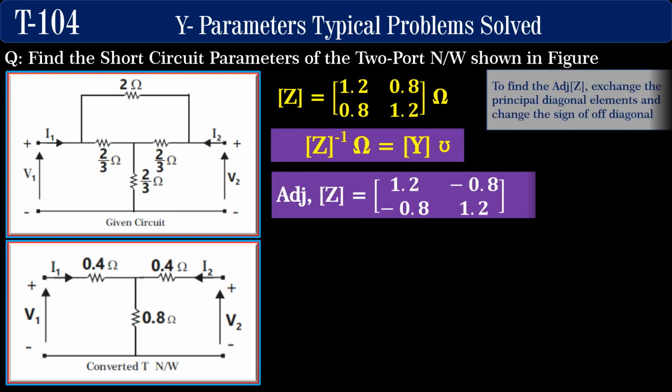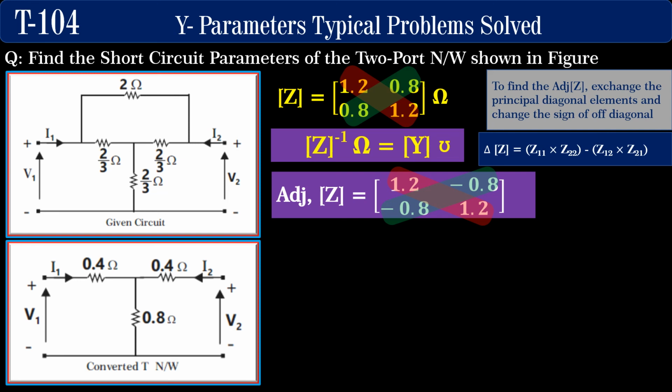To get the inverse of a 2 by 2 matrix, we can find adjoint of the Z matrix. To get the adjoint, we have to exchange the elements of the principal diagonal and change the sign of the off diagonal, and by doing so, we obtained adjoint of the Z matrix.